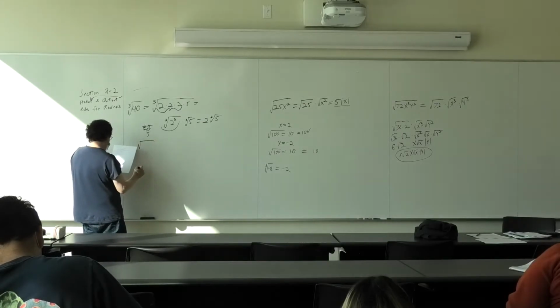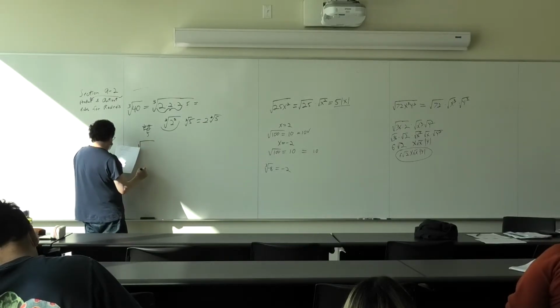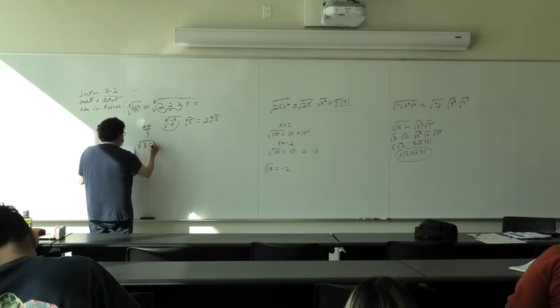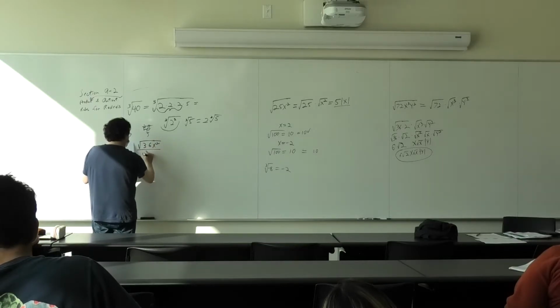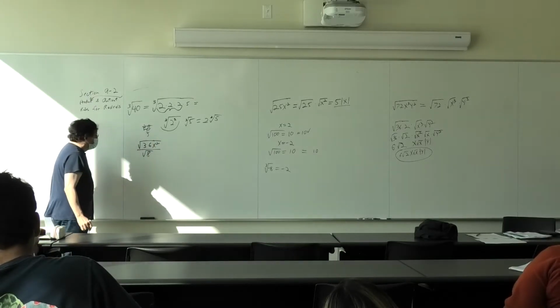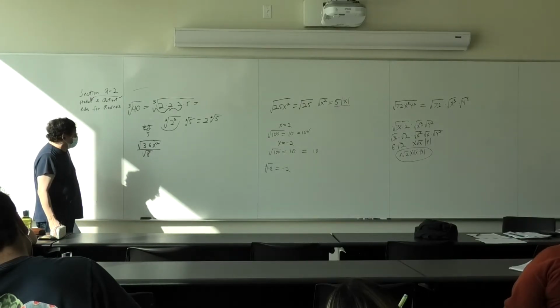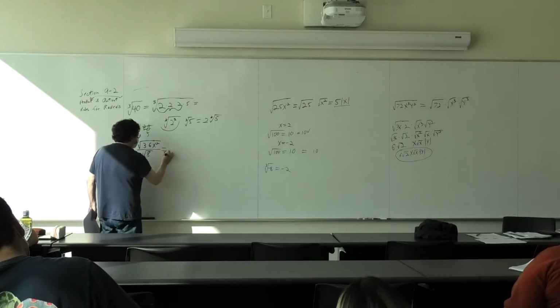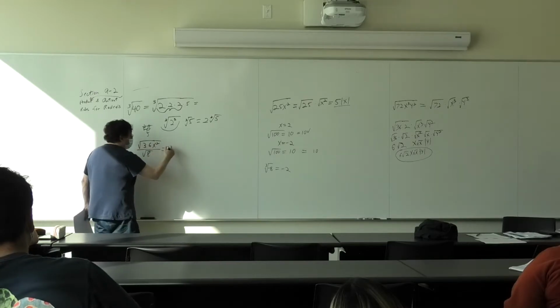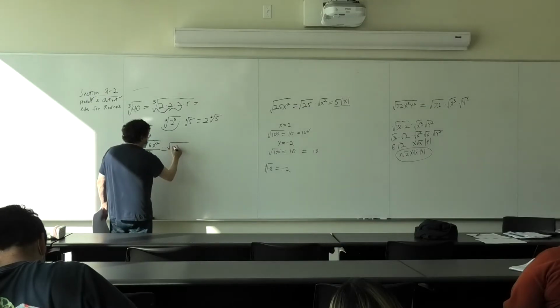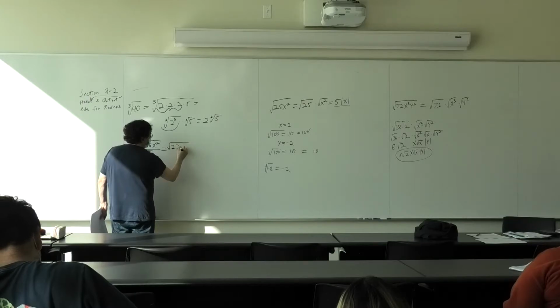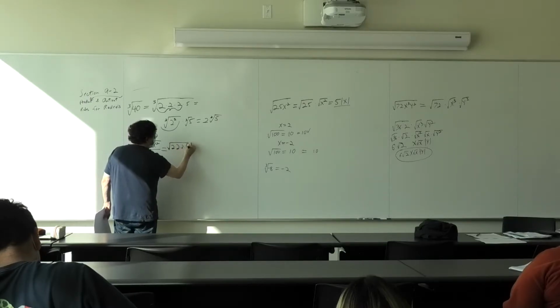So the square root of 36 x squared over the square root of 8. Well, now I'm going to go through that, even though I kind of know what the square root of 36 is. 2 times 18, which is 2 times 9, which is 3 times 3. And I have my x squared.